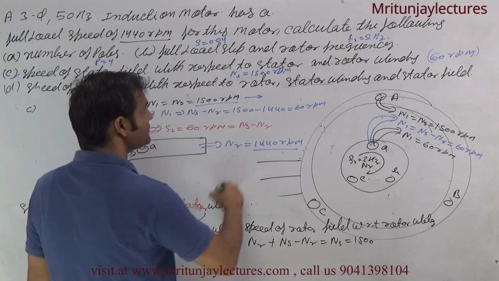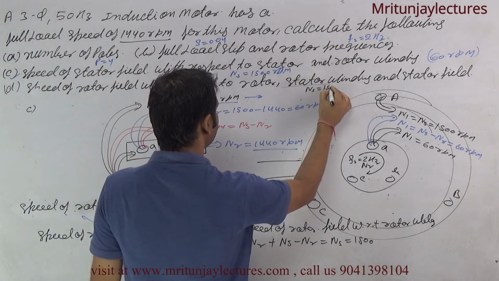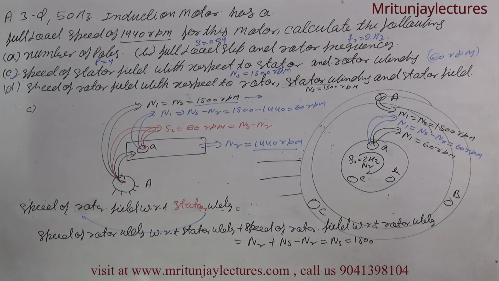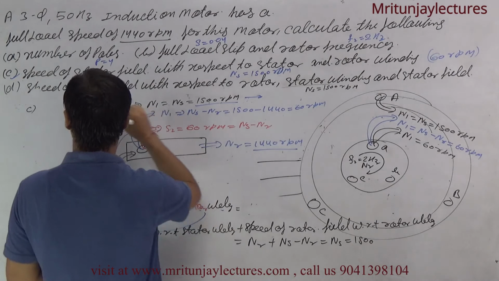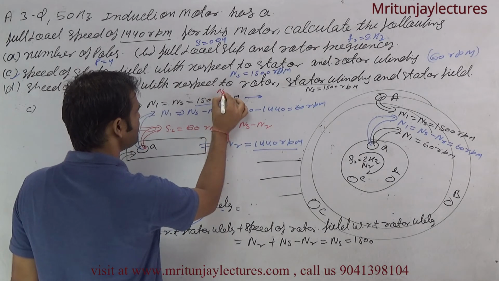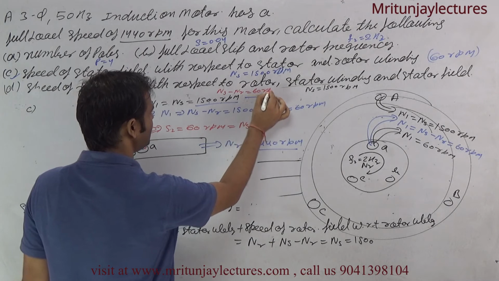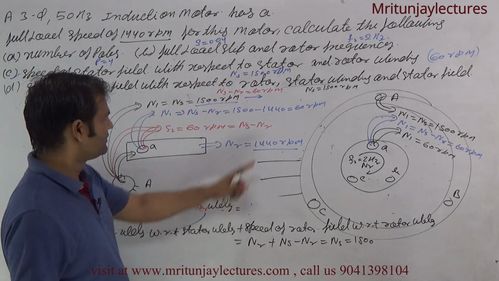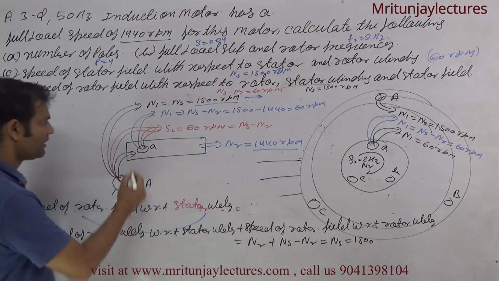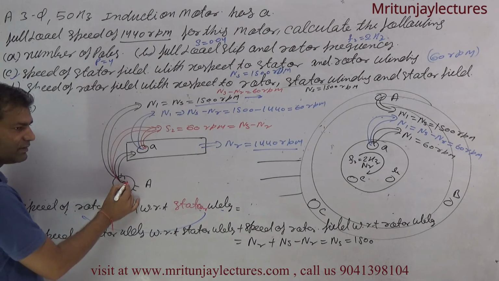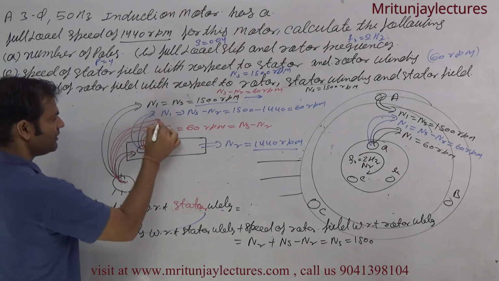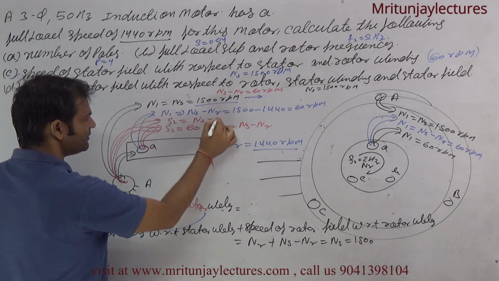Clear? So 1500 rpm. The speed of the rotor field with respect to the rotor is ns minus nr, that is 60 rpm, and the speed of the rotor field with respect to the stator winding is 1500 rpm.